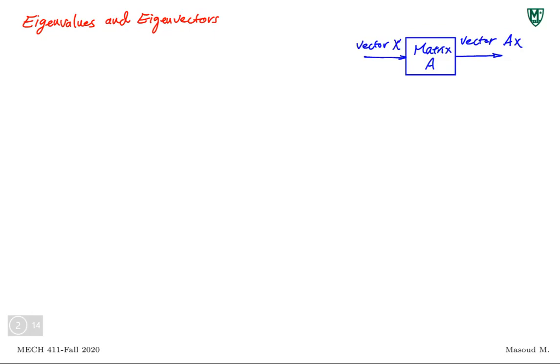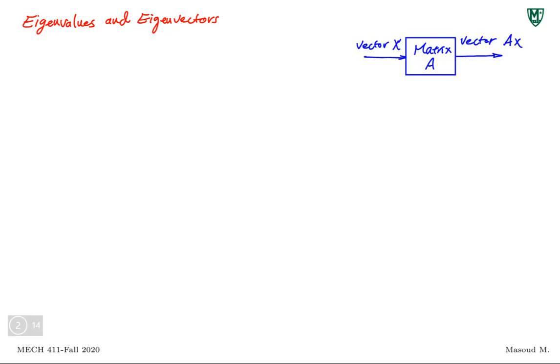So the idea is very similar to functions in calculus. You have X comes in, f(x) comes out. You had a function in calculus, and that function was operating on inputs. Now in this case, this is not calculus, this is linear algebra. So you replace the function with the matrix A, and the input, whatever x, is vector x.